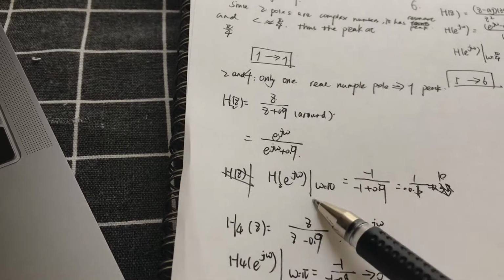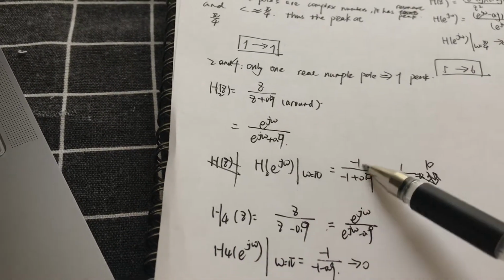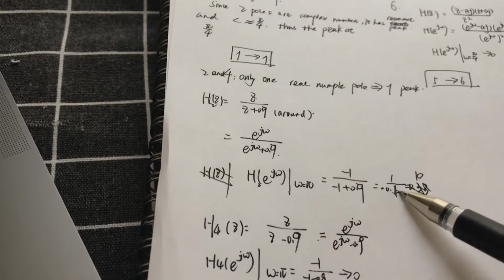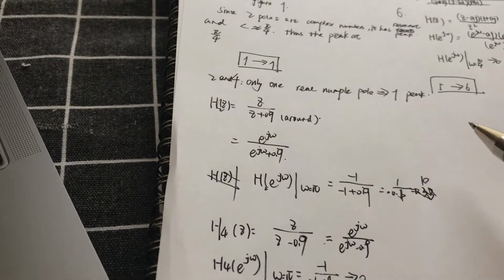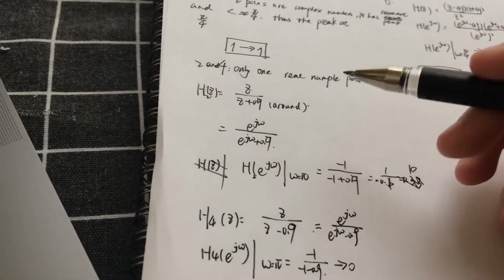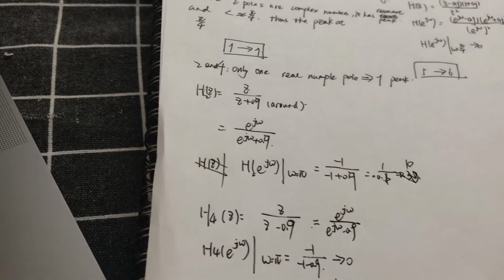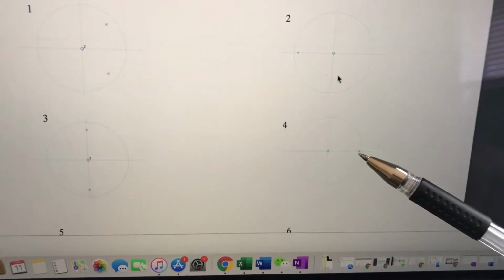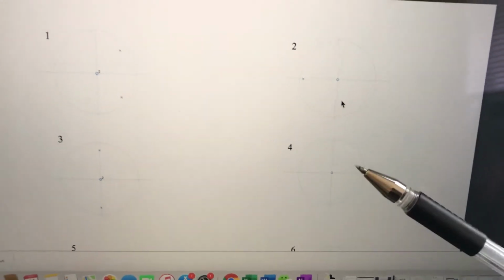So when omega equals pi, this one is equal to -1, this one -1. So the final result is 10. It's a large number.